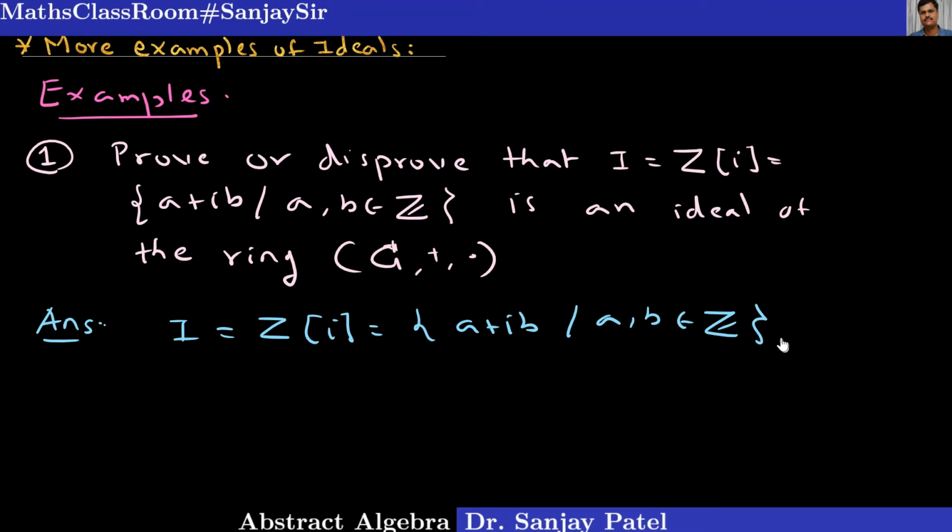Okay. So if I start with the first thing, it is non-empty. As 0 belongs to I, I can say that I is a non-empty set.